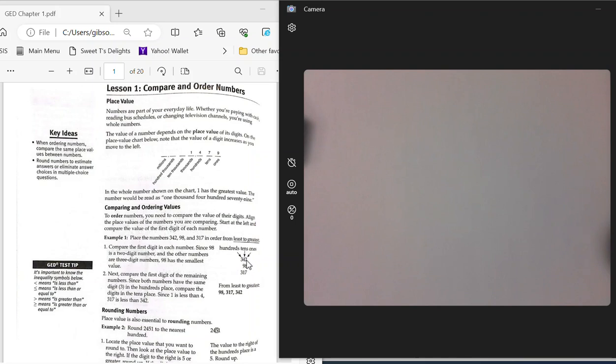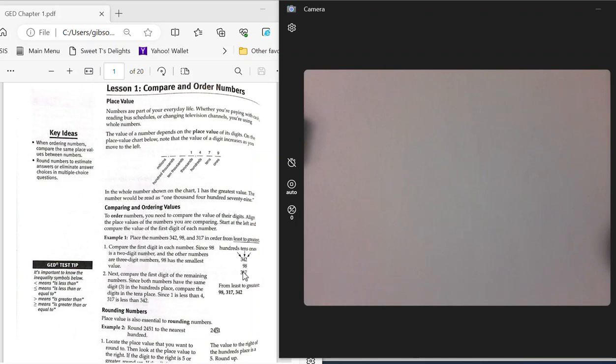We will compare the 2 with the 7. Now we know 7 is larger than 2, but we continue on until we get to the last digit, since they're the same length. If you look at the hundreds, these first digits are the same.